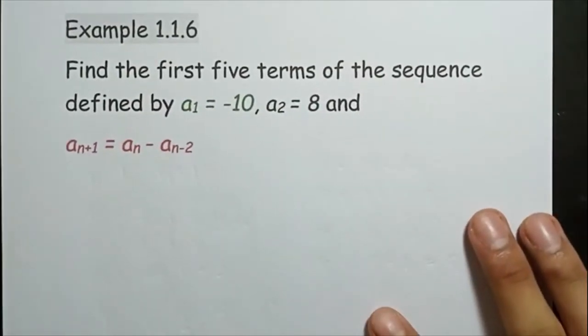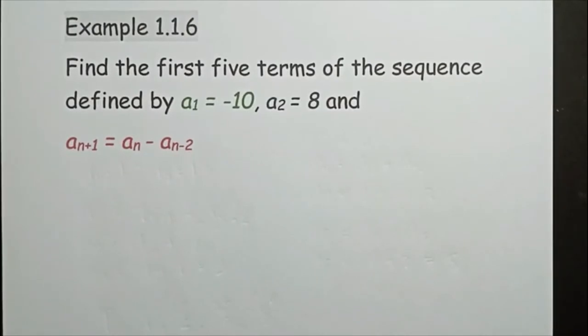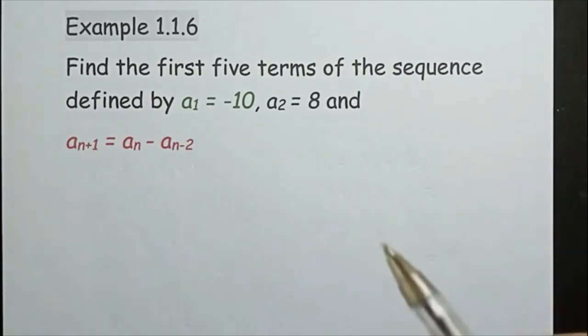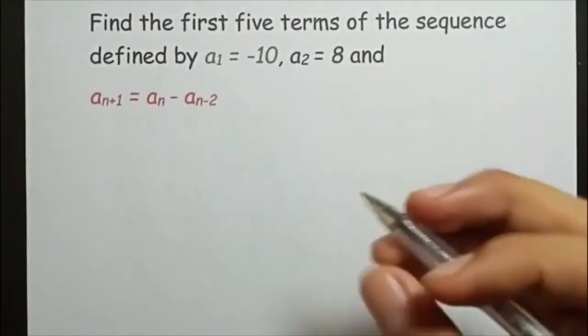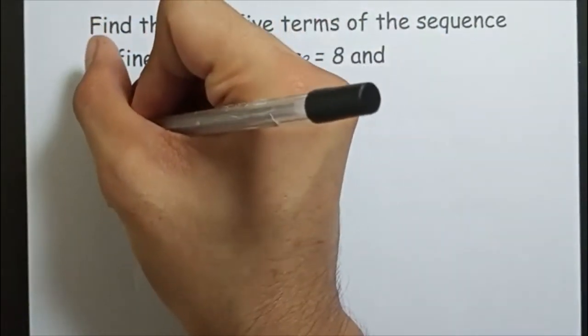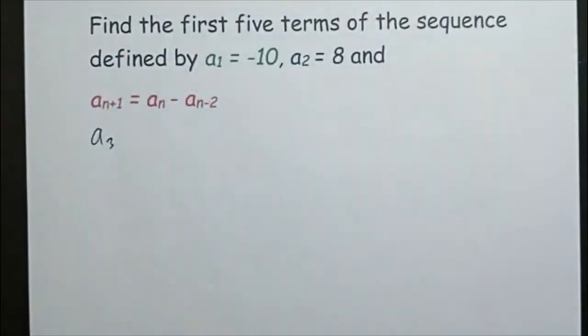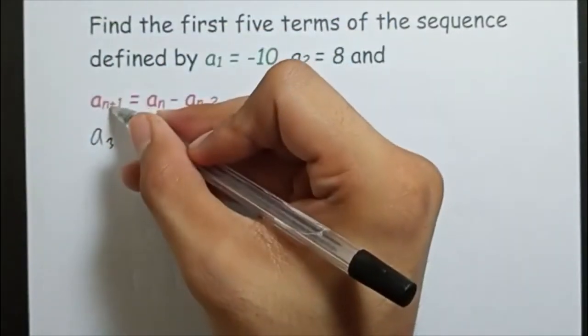Next, last example tayo. 1.1.6. Sa wakas, matatapos na rin. Find the first 5 terms of the sequence defined by a sub 1 equals negative 10, a sub 2 equals 2, and the formula is a sub n plus 1 equals a sub n minus a sub n minus 2. Then, let's find the a sub 3. So, pag a sub 3 tayo, may plus 1.